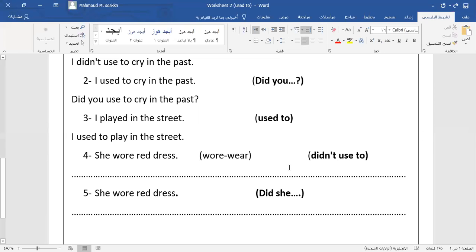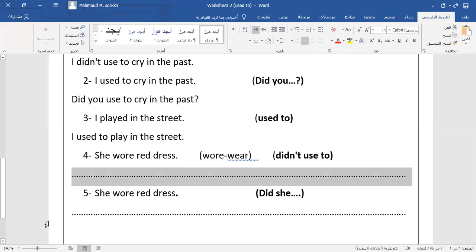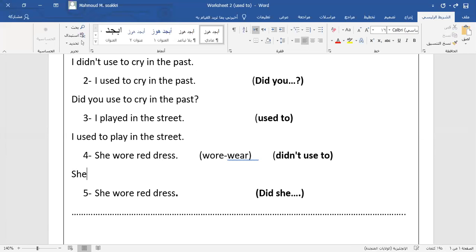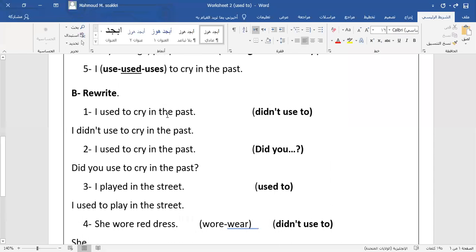Now we want to use didn't used to. Look, between brackets he wants you to use didn't used to. Look at this example. Number 1, I used to cry.